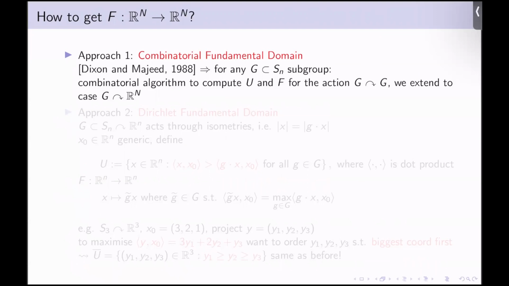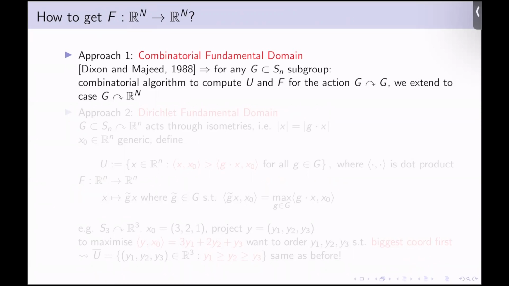So for every subgroup of Sn, they wrote down an algorithm to compute a fundamental domain and projection map for the action of G on Sn. Sorry, this should be the action of G on Sn, not the action of G on itself.